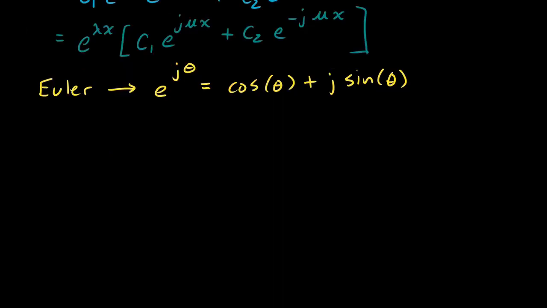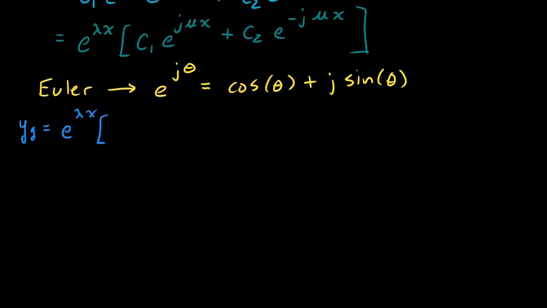Okay, so when I do this, I'm going to end up with an expression that's going to be fairly long. So I'm going to try to fit it on here in a reasonable way. We're still talking about the general solution. So I have y sub g is e to the lambda x. Okay, and then we're still dealing with things inside.